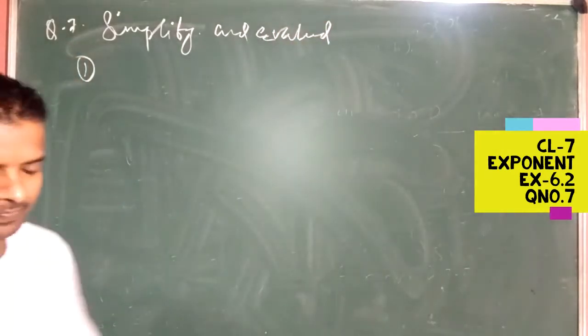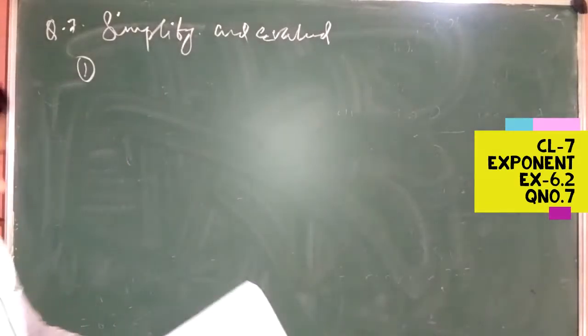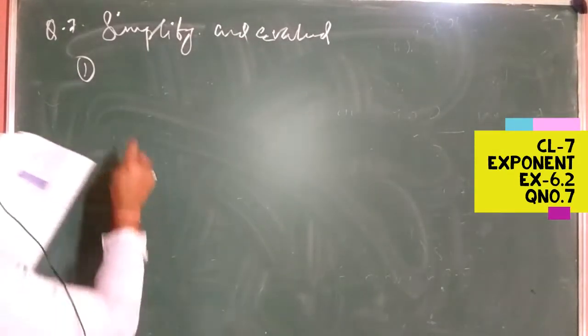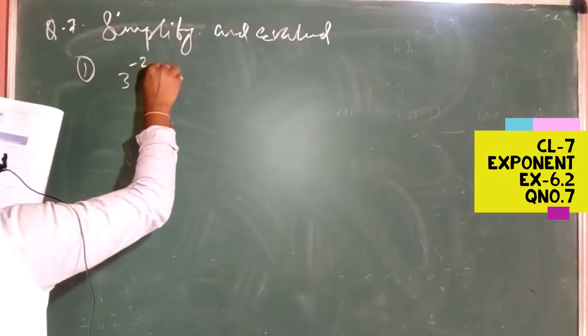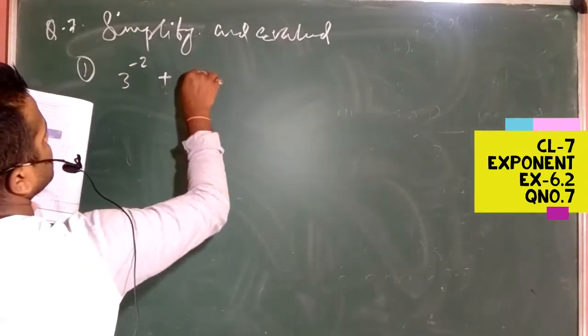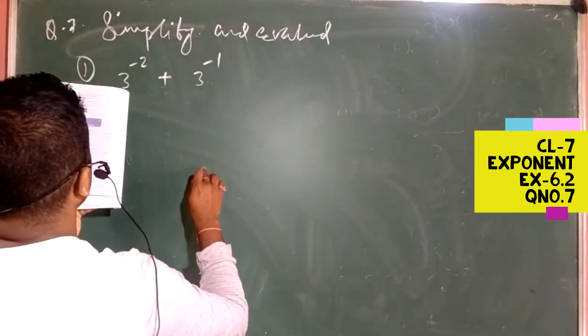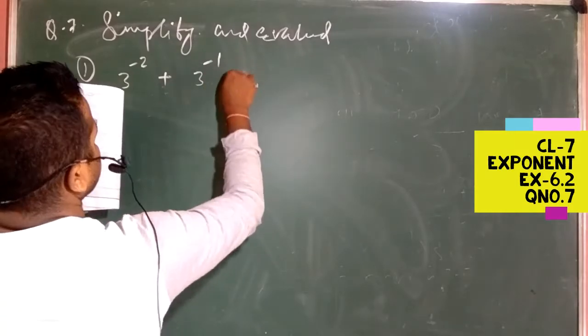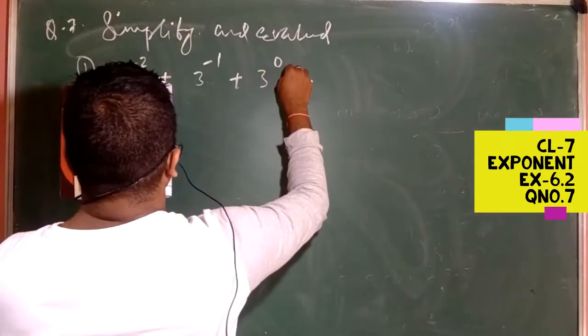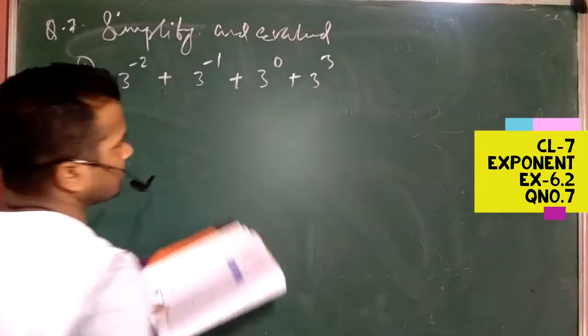First, Roman number 1, as you can see: 3 to the power minus 2 plus 3 to the power minus 1 plus 3 to the power 0 plus 3 to the power 3.